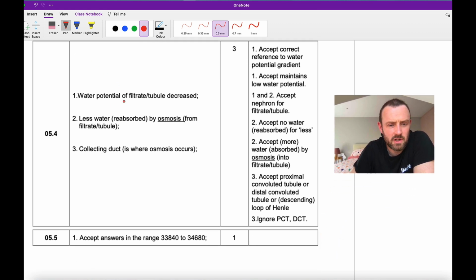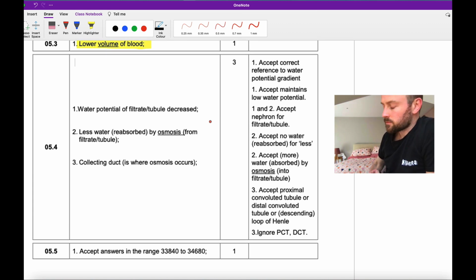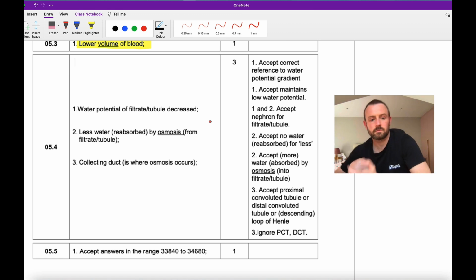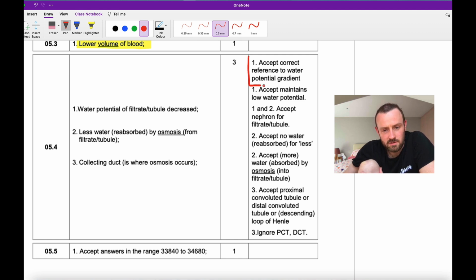So water potential of the... less water. Did I say osmosis? Okay, so here's the mark scheme. Now what I said was, I mentioned this water potential gradient, so I think I would have got 1.